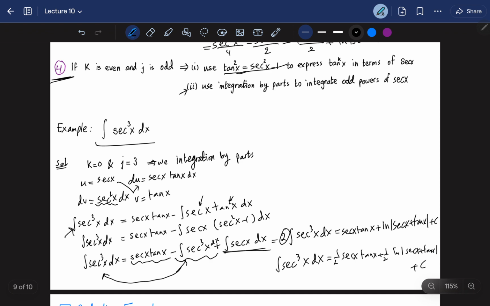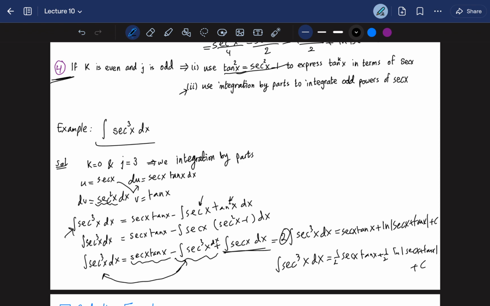I know it's a lot of cases, it's a lot of methods. So just keep practicing until you get an understanding of what exactly you are doing here. Do I need to use a u sub? Do I need to use some identities?